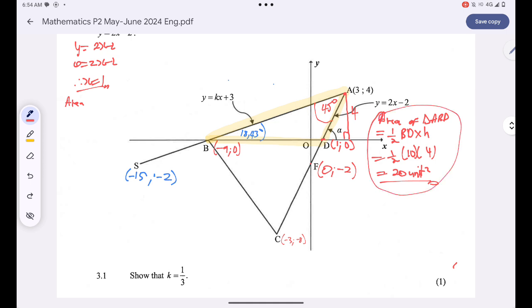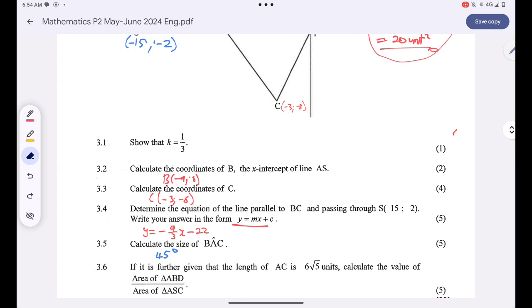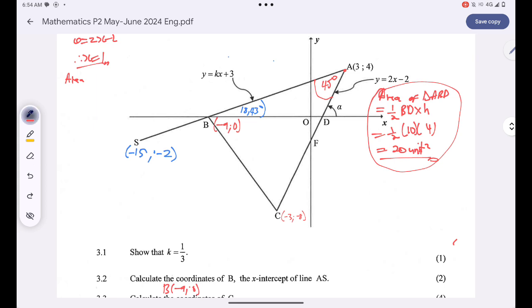Now let's go and find the area of triangle ASC. What are we given? We are given the length of AC. The length of AC is just 6√5.